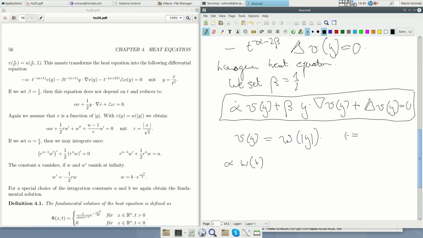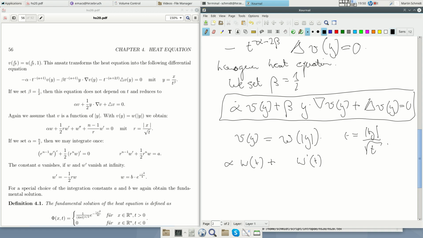Now we call r just the length of y, divided by square root of t, because beta is 1/2. Okay, we have this alpha term here. Now what is with the gradient? Then we get plus, now the gradient is w prime of r, and what factor do we get here?